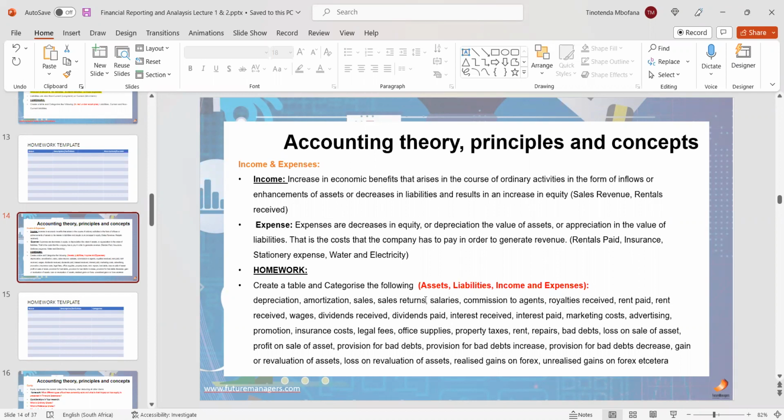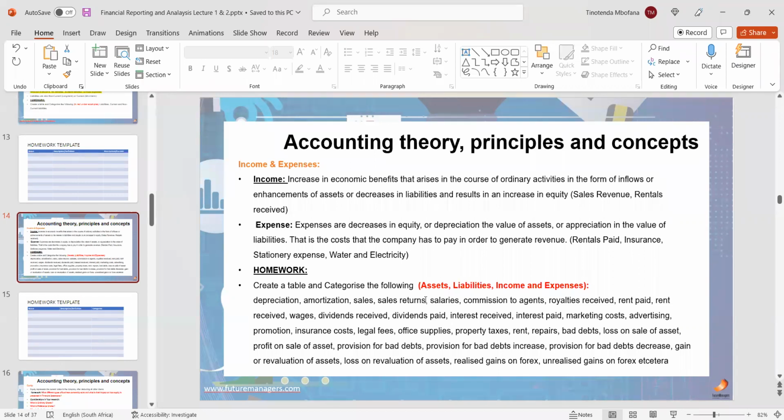And then appreciation in the value of a liability is an expense. So if you have a liability, for example, if today you owe someone 30,000 rand, and then in 2 months' time that person tells you, no, you have to pay me 32,000 rand instead of the 30,000 rand, which means that your liability is increased by 2,000. You did not borrow the 2,000, it just increased. Maybe he's charging you some interest or some charge, whatever it is.